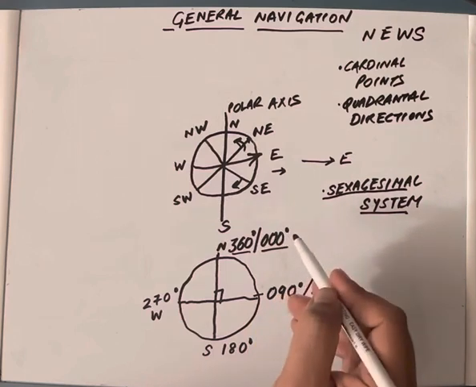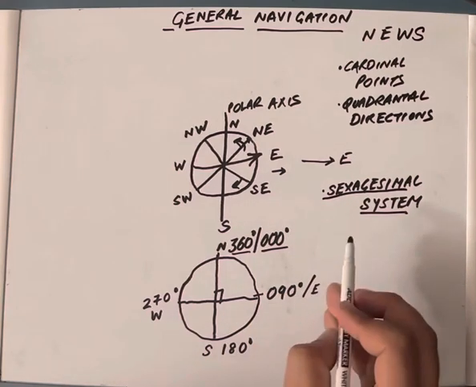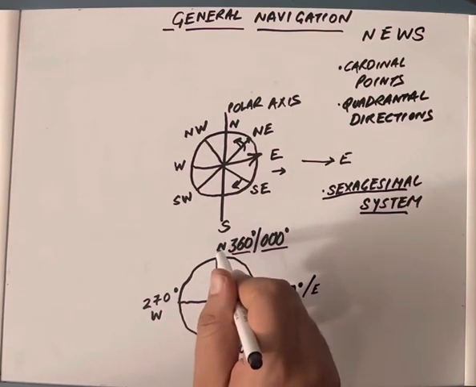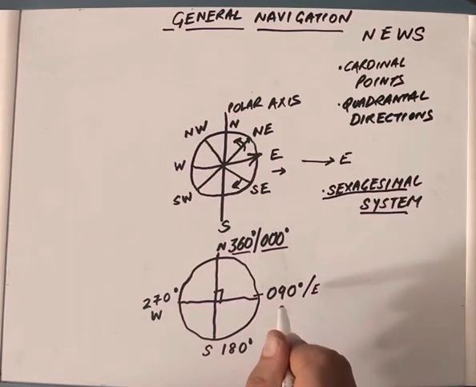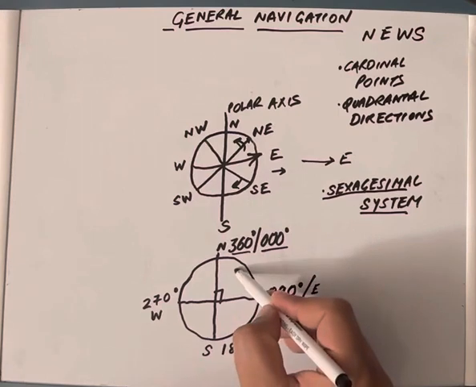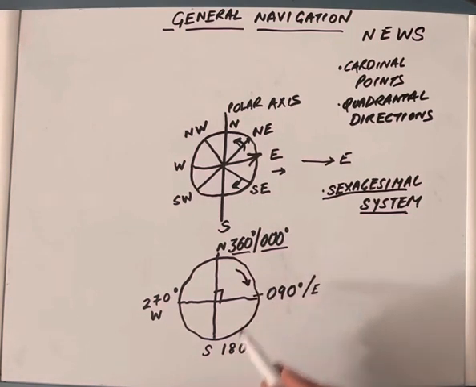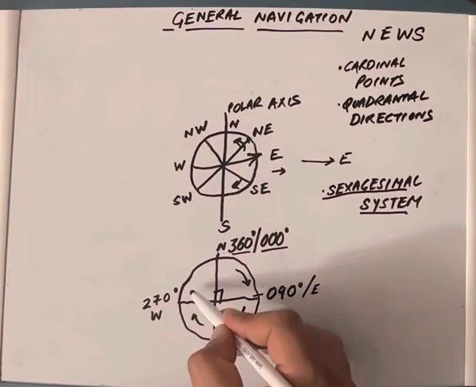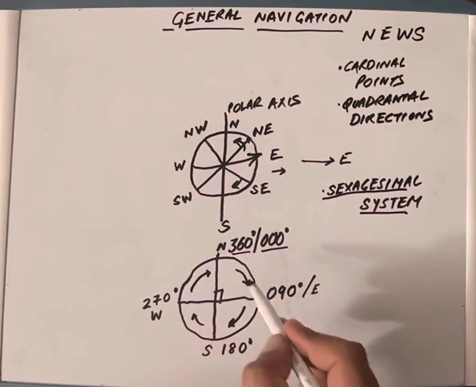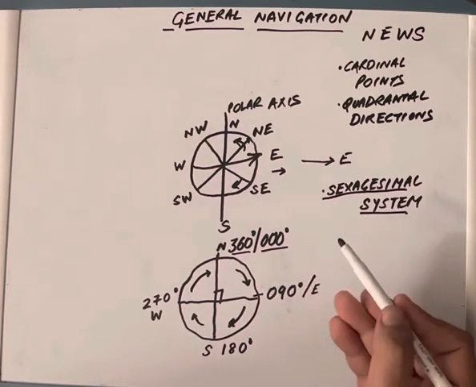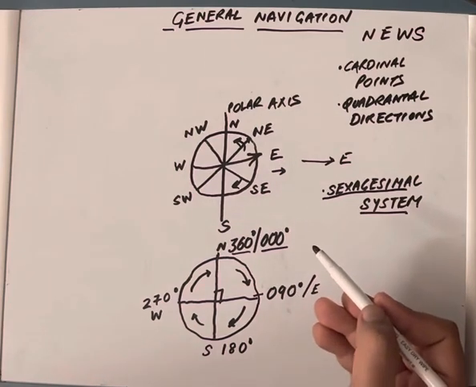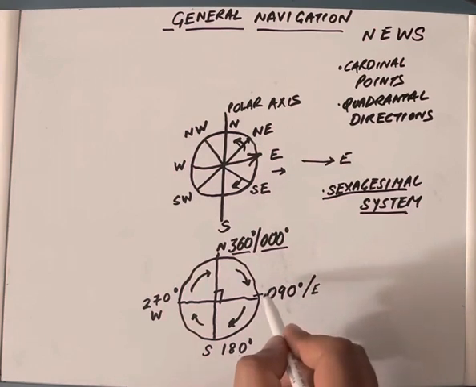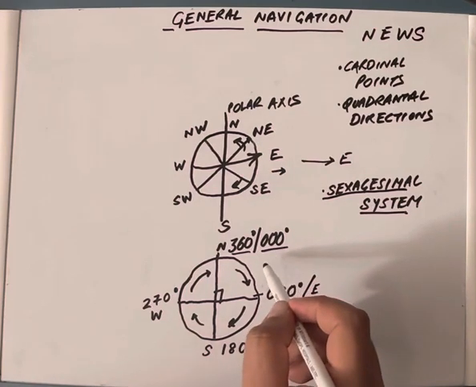So that is how the sexagesimal system divides the directions, starting from north, going to east, going to south, and further towards the north, into 360 different degrees. And so we have a more accurate way of giving the directions or the heading or setting our track to our destination. This is what we use nowadays for flying aircraft.